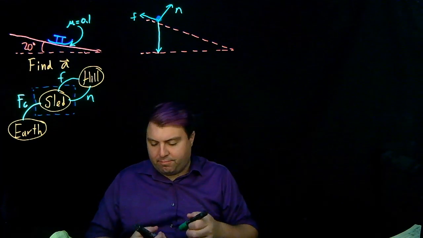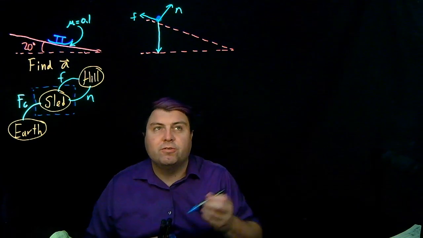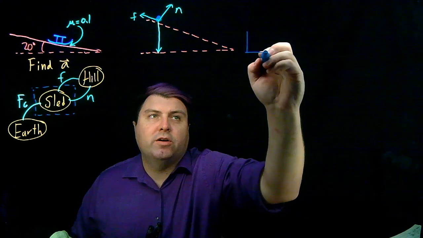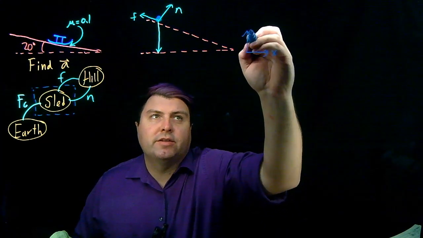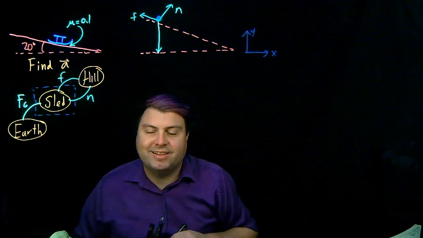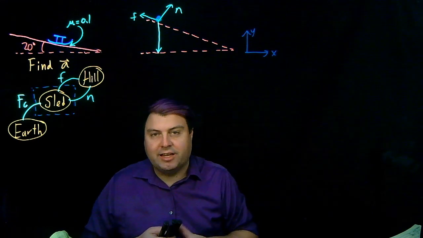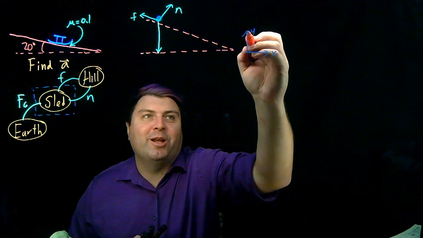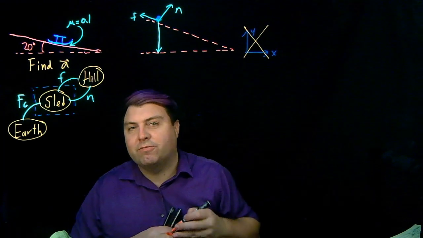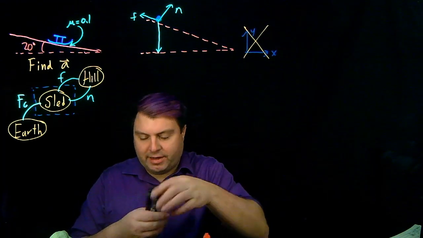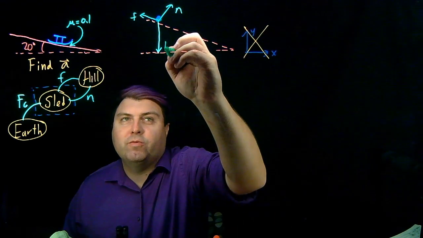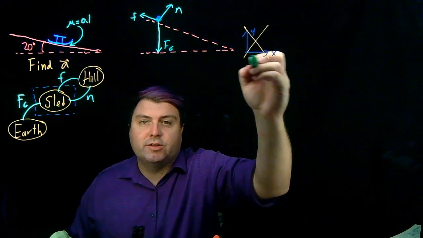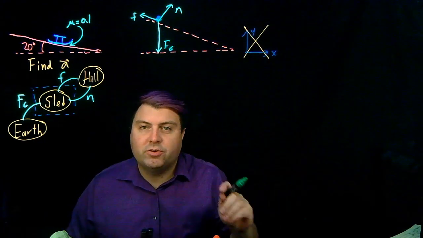Now, one option might be to think of having a normal Cartesian coordinate system, x and y, like this. But I'm going to say, let's not do that. It's going to be a lot of a pain, and we'll tell you why. The reason is that our force of gravity is aligned with this coordinate system, but our other two forces are not.